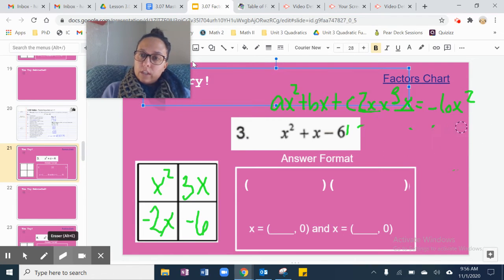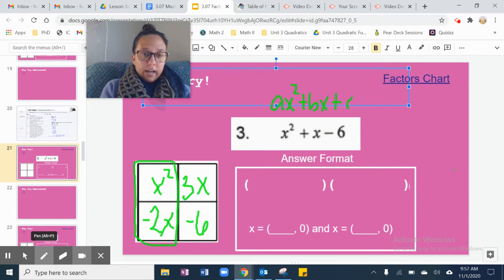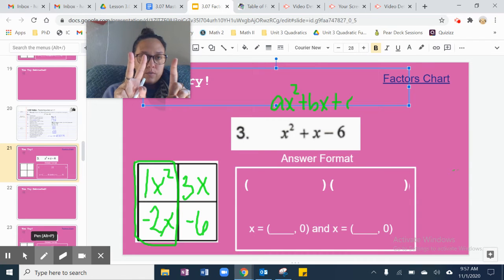So now we need to factor everything out of the columns and the rows. All right, well, out of the first column, x squared and negative 2x, we could pull out a 1, right? And then if they both have x's, one has 1x and the other one has 2, then we can successfully pull out 1 in total.